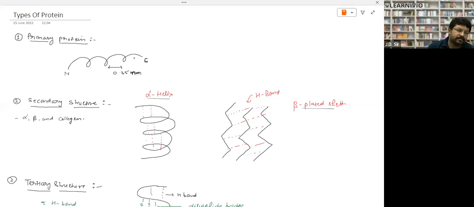Alpha helix, beta sheet, and collagen. Full stop.